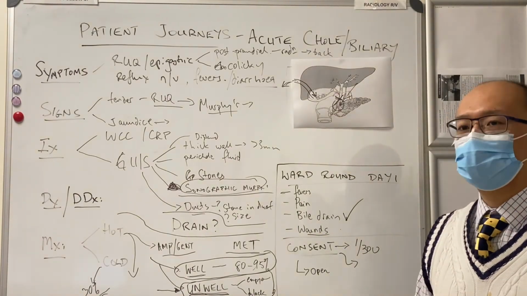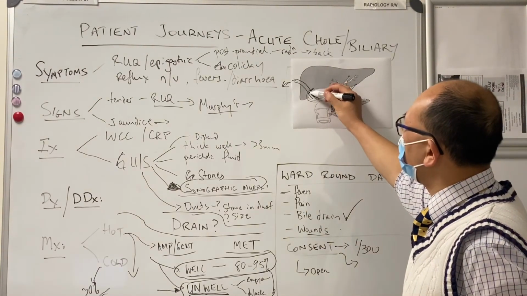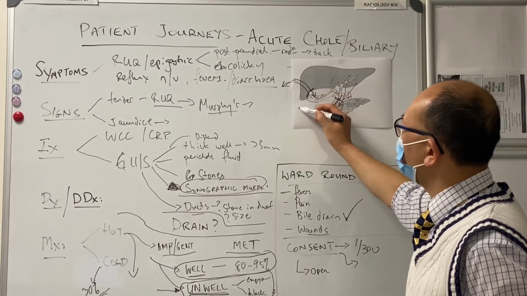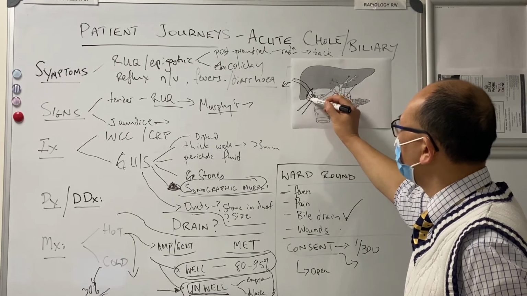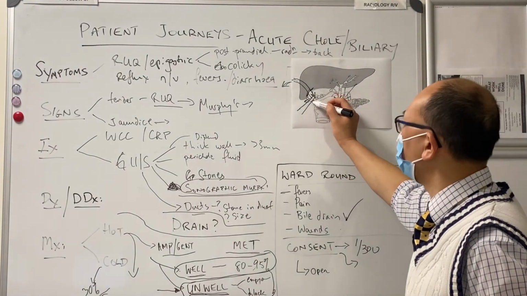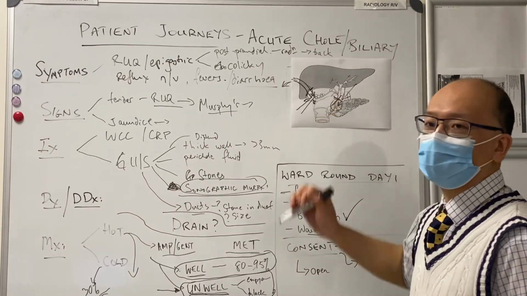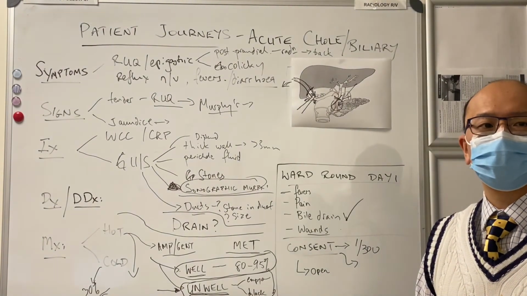So that there's a seal. If a surgeon did it laparoscopically, they'd probably stick a tube in here, and there's probably going to be some bile leak outside that. So to reduce the bile leak into the peritoneal cavity, the radiologist goes through the liver and drains the gallbladder.